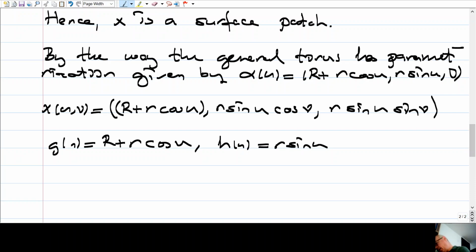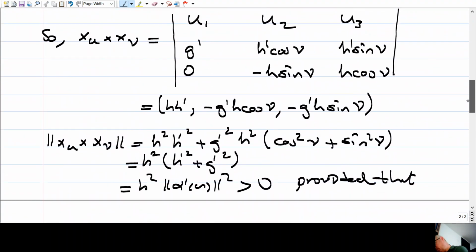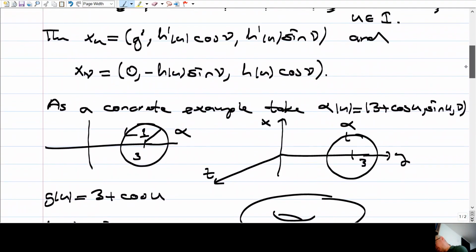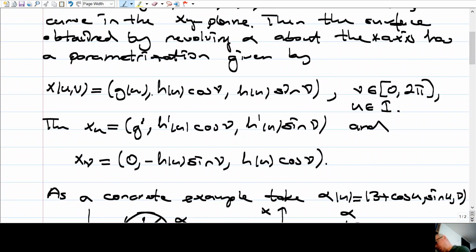And then the parameterization is g, and then h times cosine v and h times sine v.